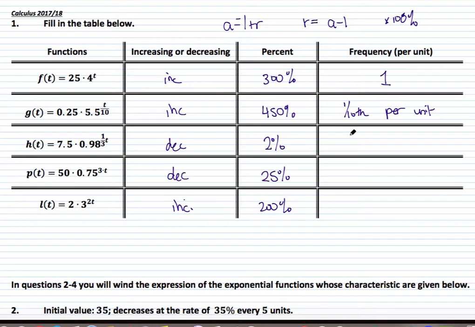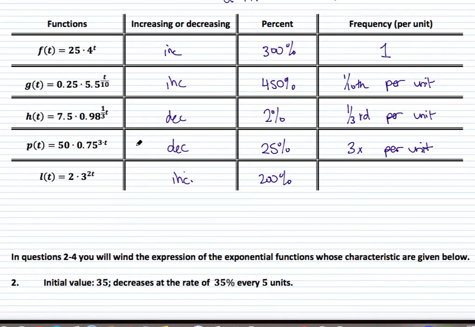Same thing would go for h of t, which is 1/3 per unit. For p of t, it would be 3 times per unit. That means that every time I step t by 1, it goes 25% 3 times. Then for the last one, of course, 2 times per unit.